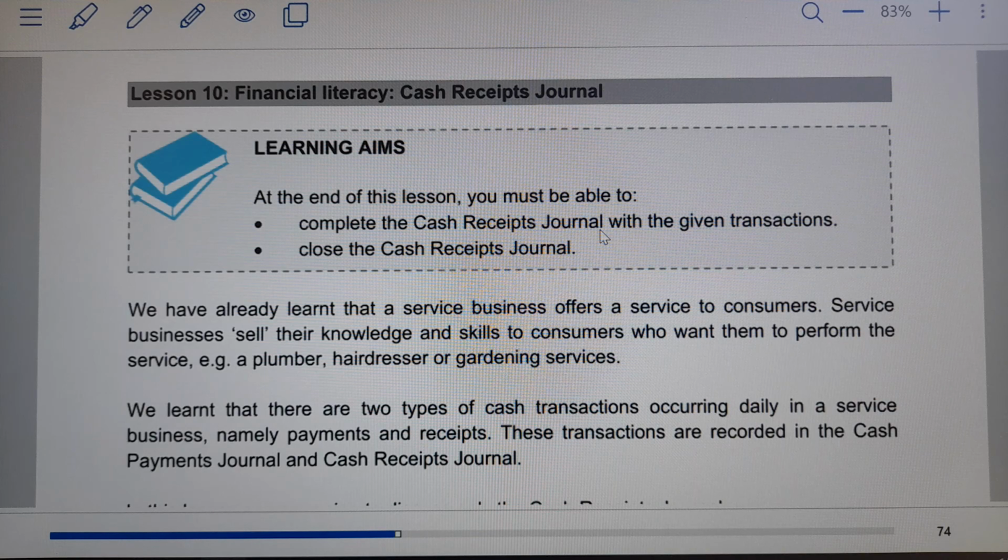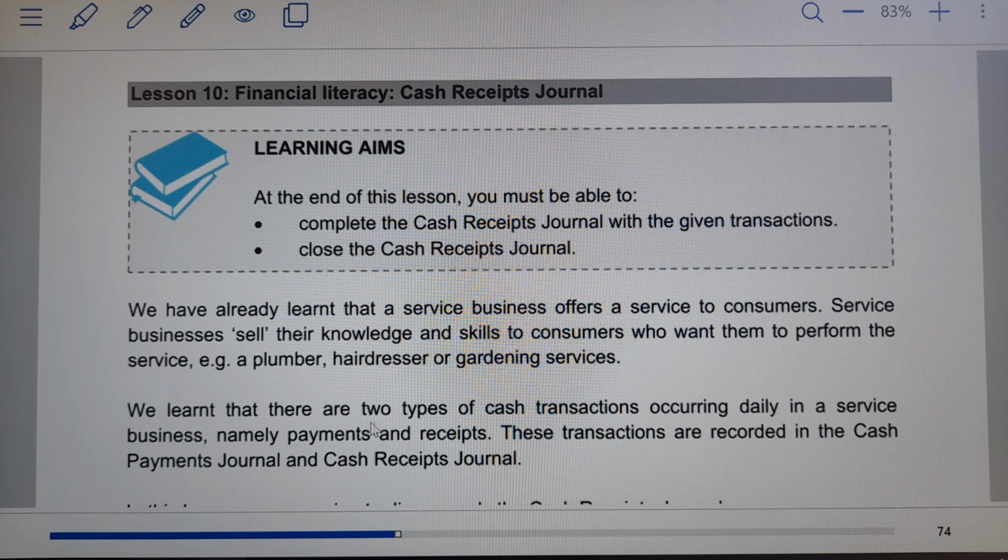In lesson number 9, we were completing the accounting equation. We have already learned that a service business offers a service to consumers or customers. Service businesses sell their knowledge and skills to consumers who want them to perform the service. For example, a plumber, a hairdresser, or gardening services.